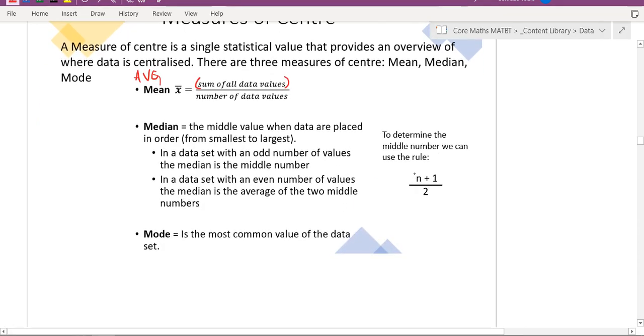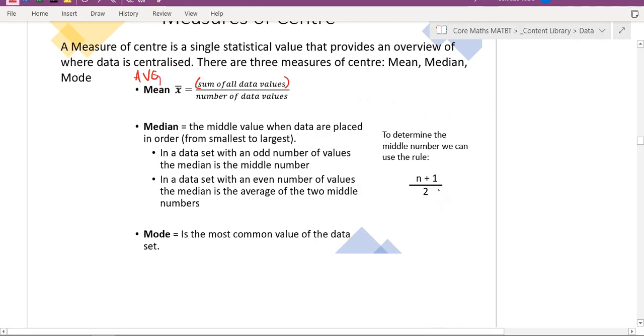Median. Now, I mentioned that the median is the middle number. When you do your median, you have to make sure your numbers are all in order. Do not do the median if your numbers are like this: 9, 5, 7, 1, 3, 2. Because you might tell me, I'll put a 10 here, oh yeah, the median is 7 because it's the middle number. But no, it has to be put in numerical order first. Put it in order first before you find a median.